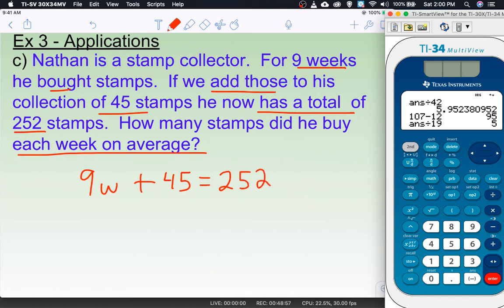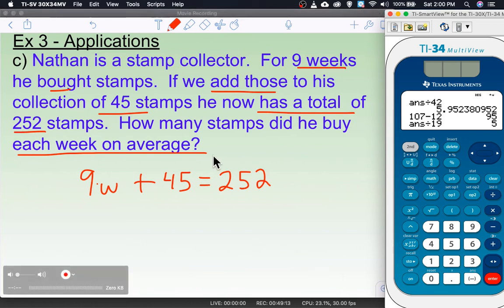That is the equation that I'm going to use to solve this. This is a multiplication. For the 9 weeks he bought stamps, it's the number of stamps he bought each week times 9. And if he bought a different number of stamps each week, that's why it says, how many stamps did he buy each week on average?